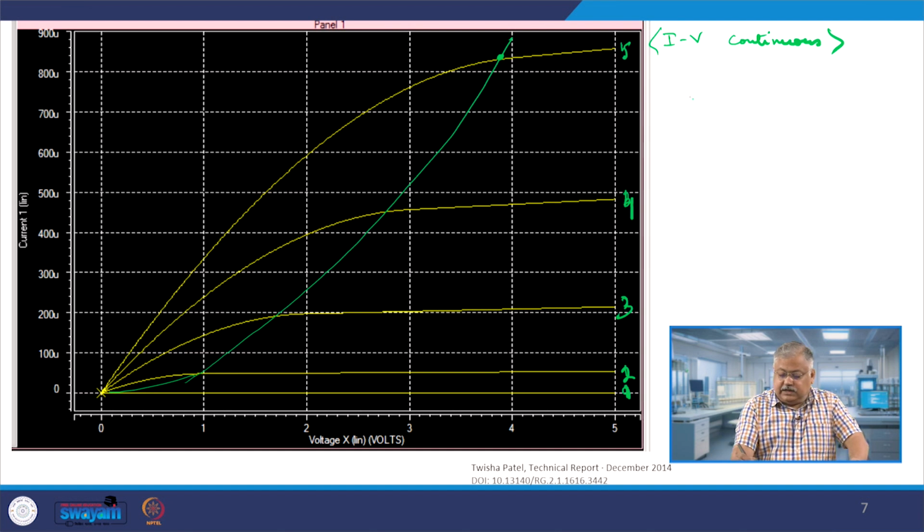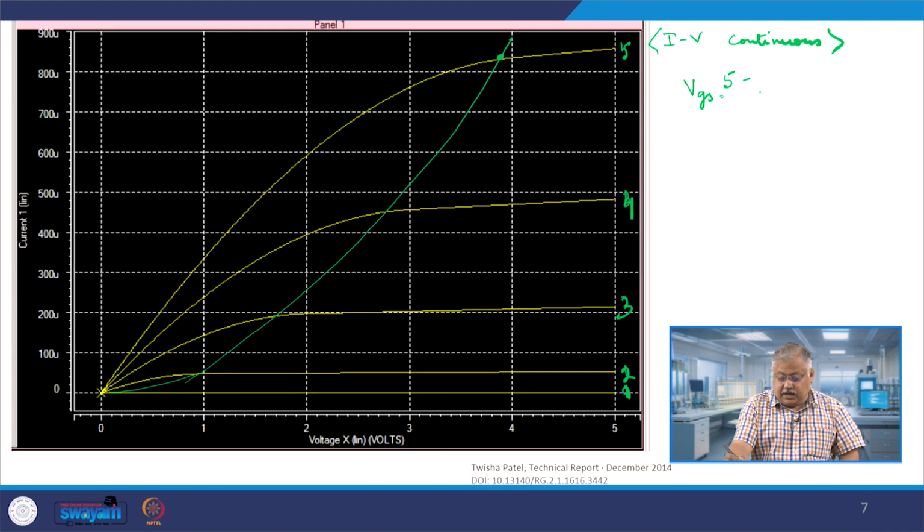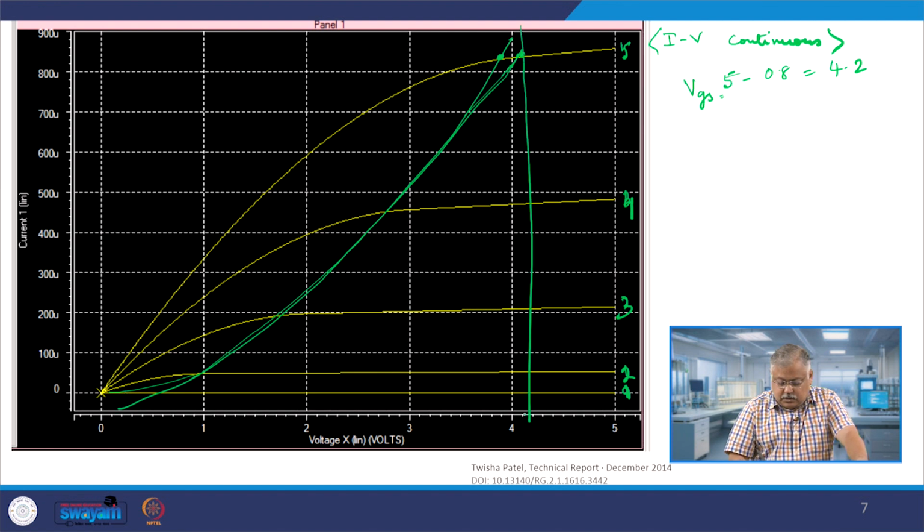When VGS equals 5 volts, then VGS minus VTH, where the threshold voltage value is 0.8 here, gives 5 minus 0.8, which is 4.2, and therefore you see it cutting somewhere here. This is the edge of the saturation, and beyond this you will have saturation, correct.